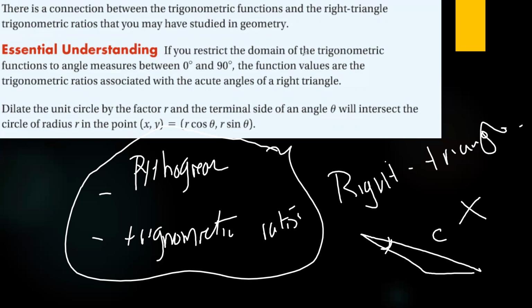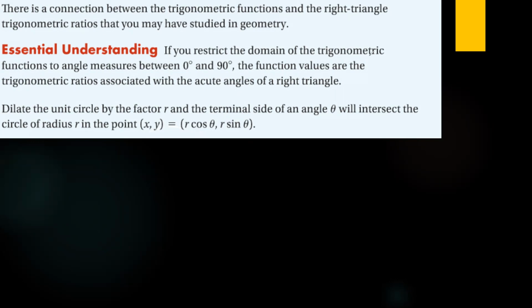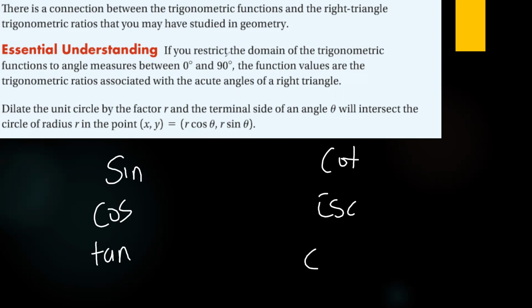So for the right triangle, these are the only two things that can be used: the Pythagorean theorem and the trigonometric ratios that we know before, which are sine, cosine, tan, cotan, secant, and cosecant. For the sine, the ratio is opposite over hypotenuse.